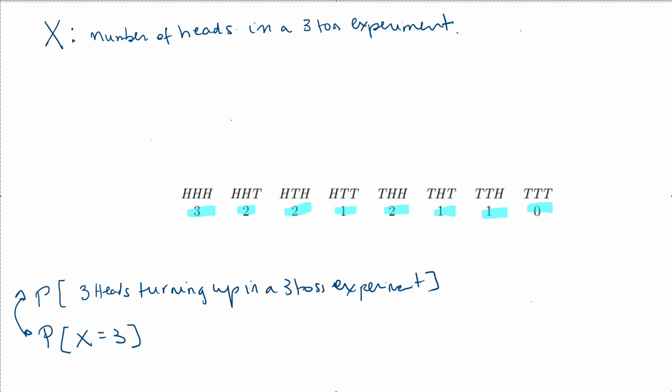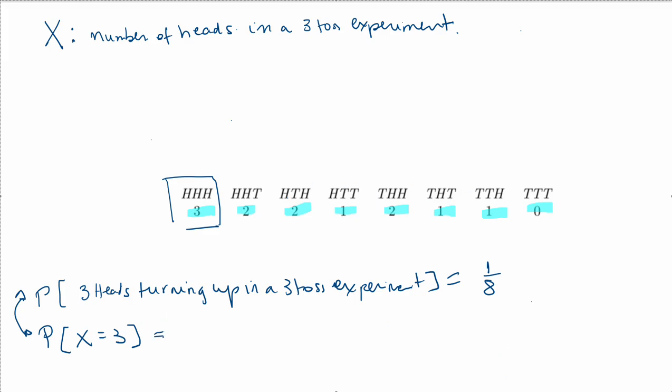So we know that, for example, what's the probability of 3 heads coming up? Well, it's 1/8. Why is that? Well, because this is the only situation in which we have 3 heads turning up, over all 8 possible situations, right? Because you have 1, 2, 3, 4, 5, 6, 7, 8 possible situations.